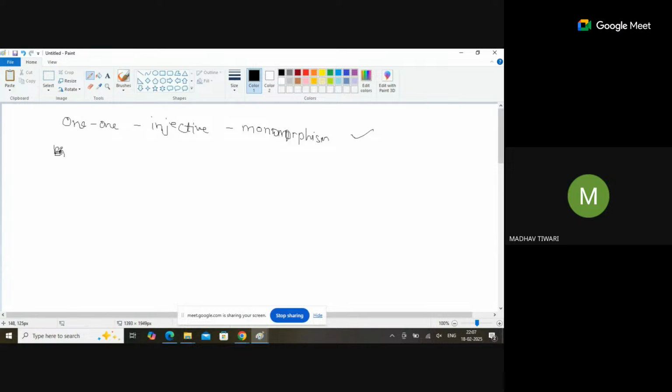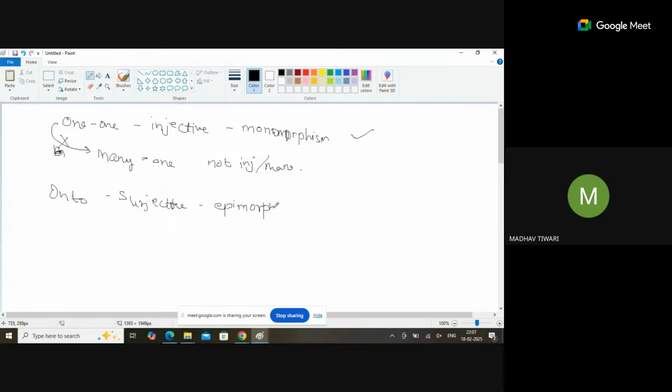Then if it is not one-one, it is many-one, or not injective, or not monomorphism. Next is onto: it is written as surjective or epimorphism.